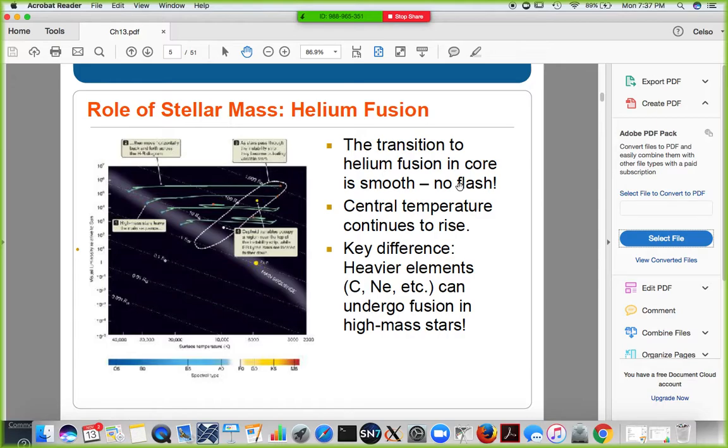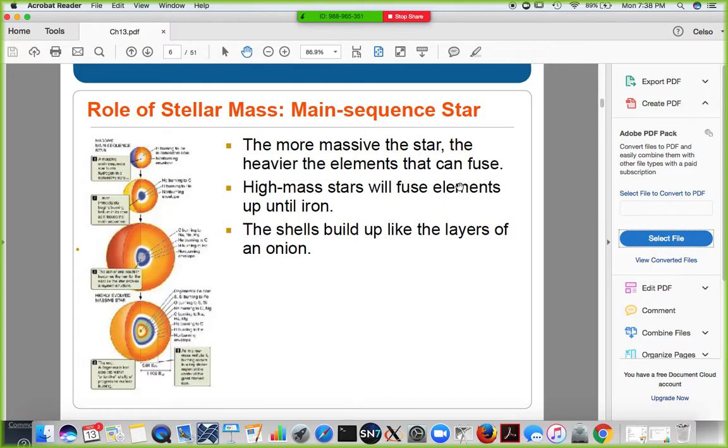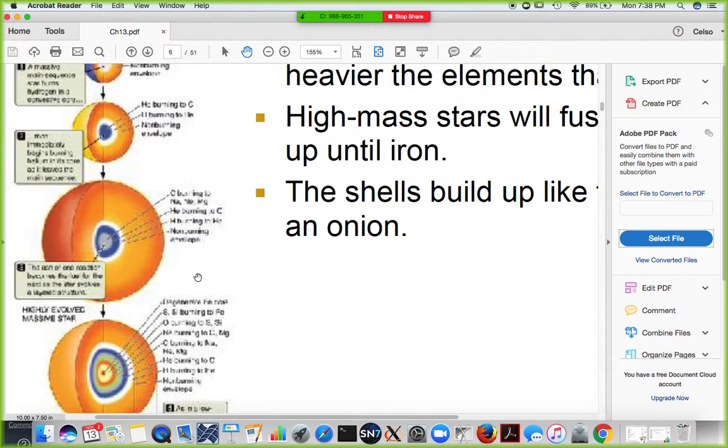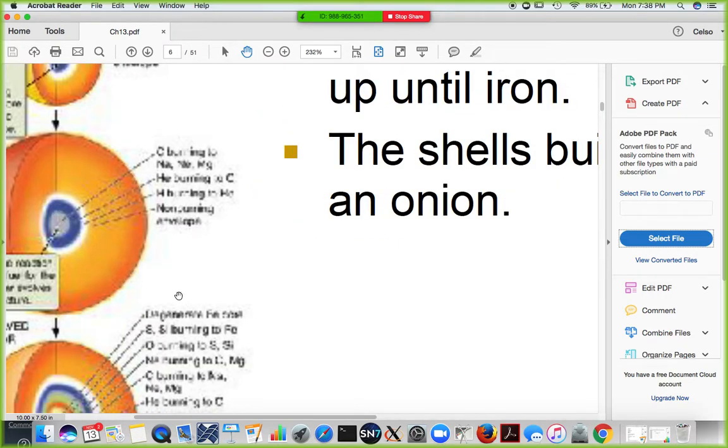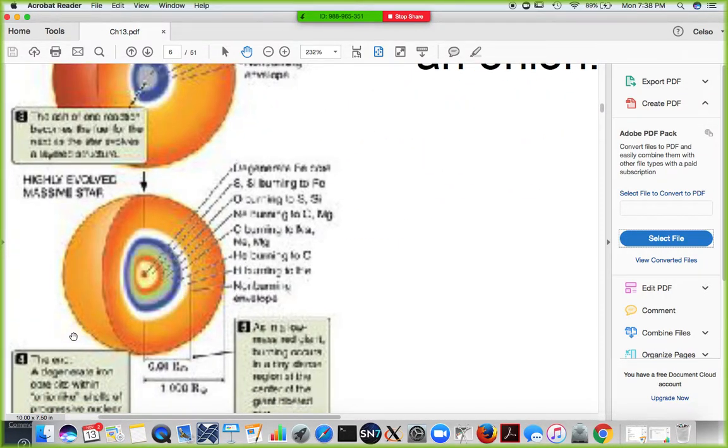So there is no flash phenomenon as we studied in the context of low mass stars, because the star has enough pressure and enough density in the core to allow for that. High mass stars go through these different shells where different types of fusion reactions operate.